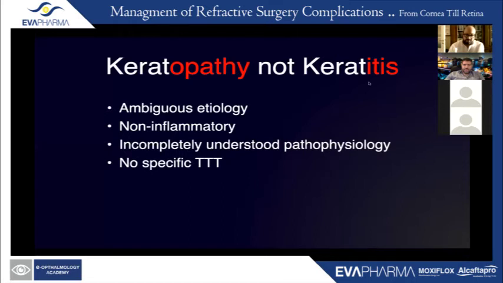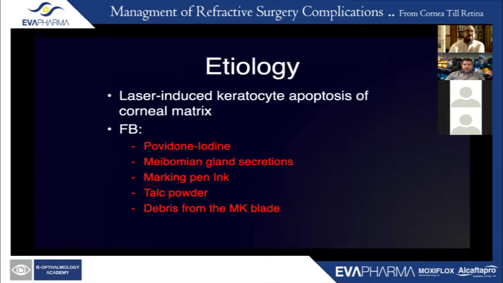If you ask any medical student what is the difference between opathy and itis, he would answer that if it is opathy, we actually don't know the main etiology, and it is not inflammatory in nature. And of course, the pathophysiology is not completely understood, and at the same time, we don't have a specific treatment. This is what is meant by opathy, actually. It means a disease, it's not itis. So we should keep this in mind before we start.